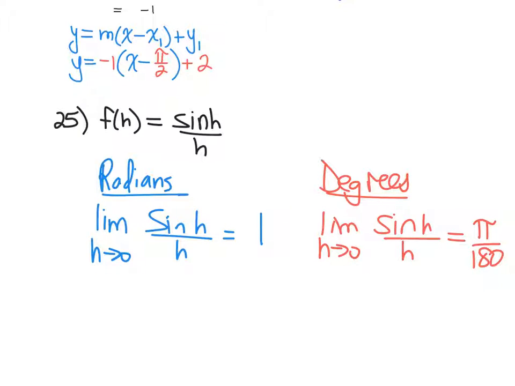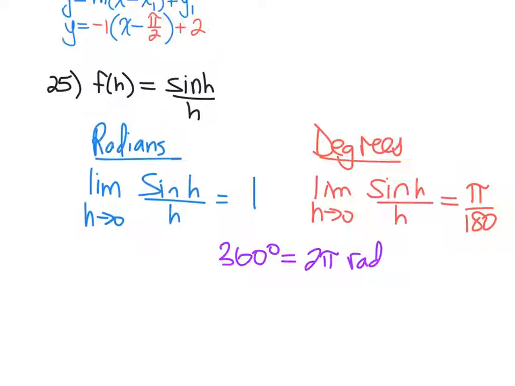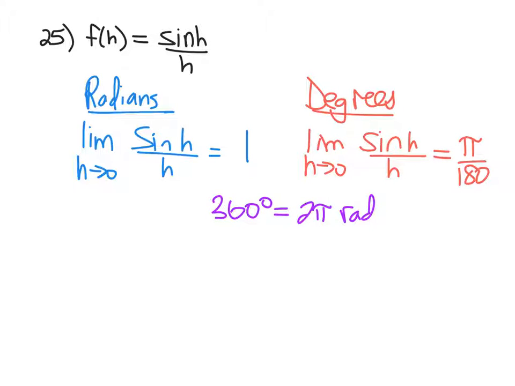So then the question becomes, what is the relationship between pi over 180 and 1? Let's go back to a little pre-calc here. We know that 360 degrees is the same as 2 pi radians, which means any variation on that would also be true.